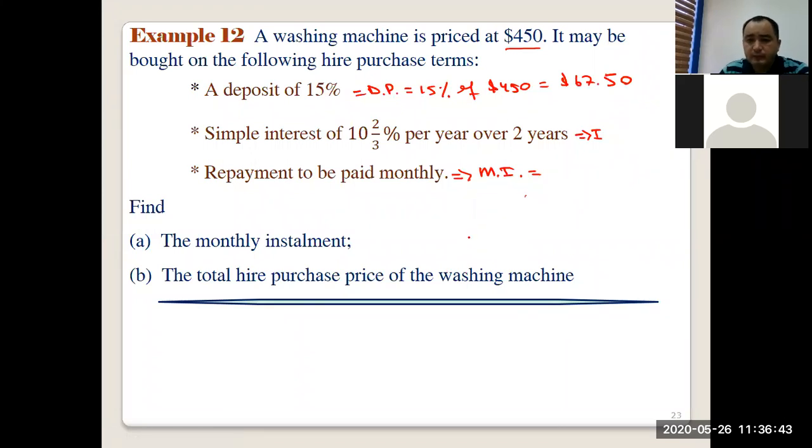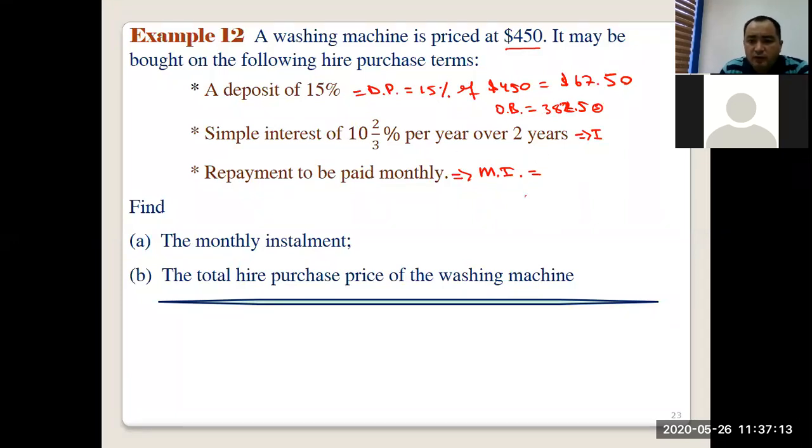So we already paid this much. Now 450 minus 67.50. How much is left? It is 382.5. So the outstanding balance is $382.50. Not outstanding, actually the remaining balance, or just balance.